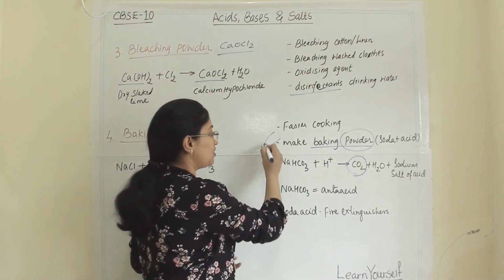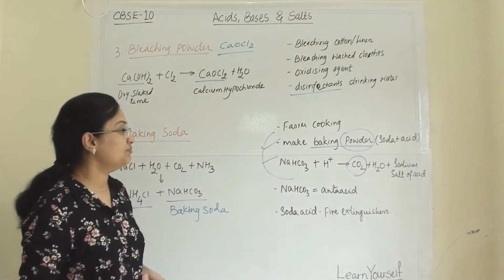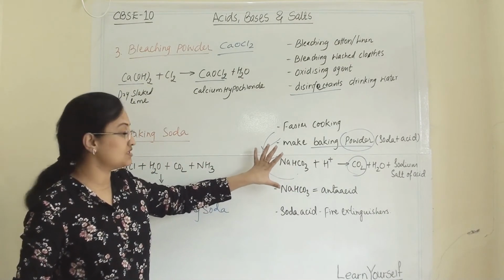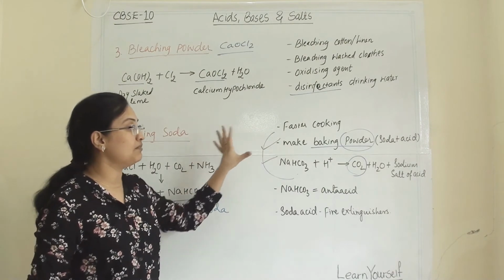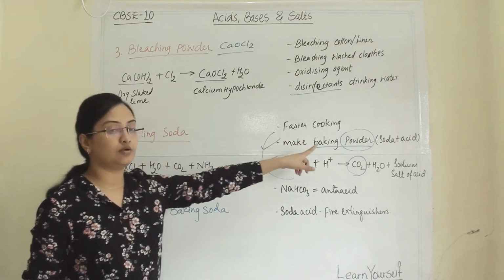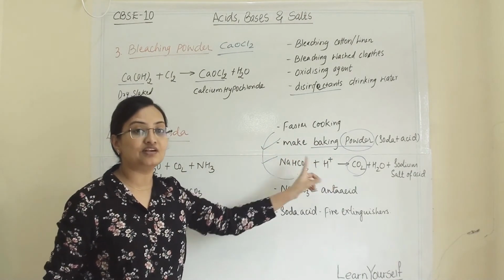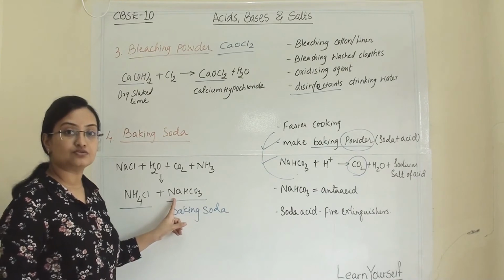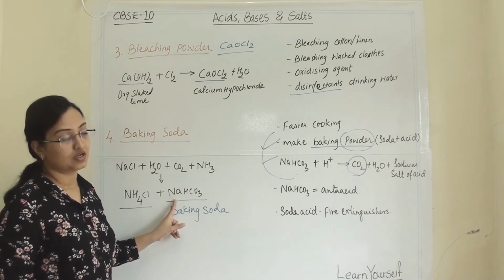This is important: how baking powder is important in the bread industry, and how we can make it from baking soda. Baking soda and baking powder are two different compounds. The chemical name of baking soda is sodium hydrogen carbonate.